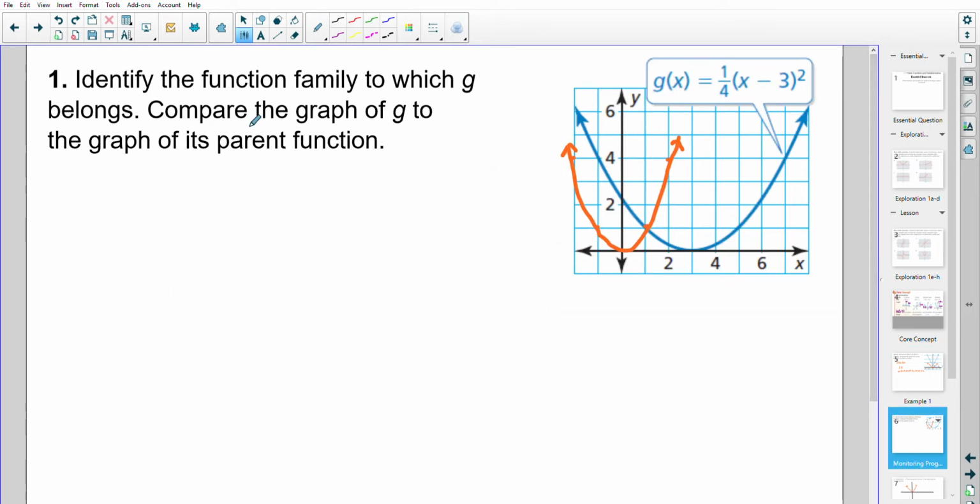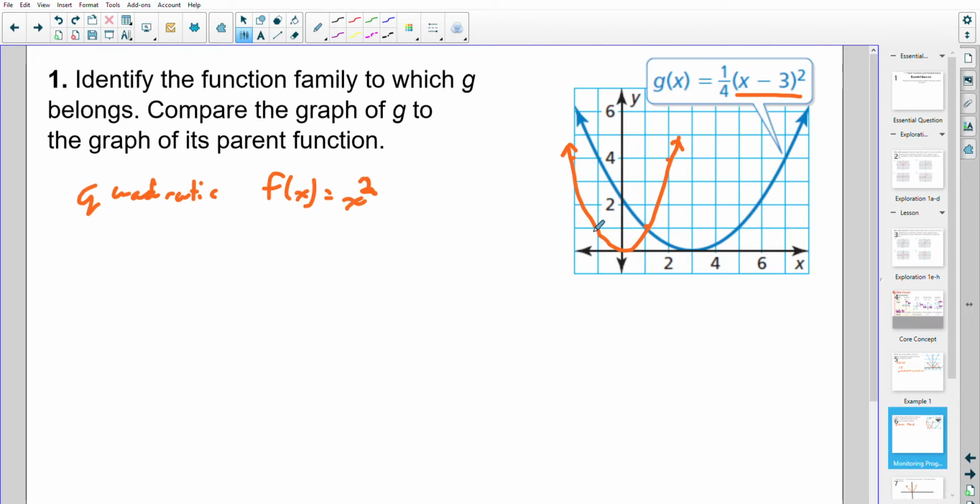The second question is what is the function family. You can see we're dealing with the square, so we're dealing with a quadratic. And you could say f of x is equal to x squared is going to be the parent function.